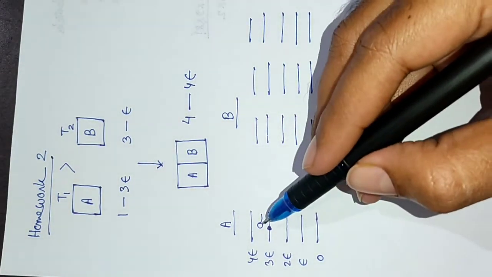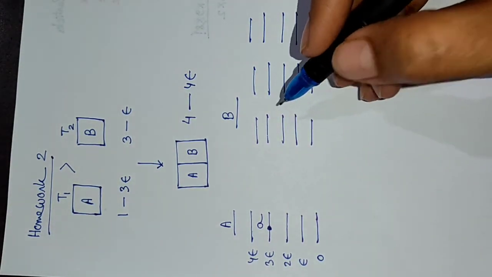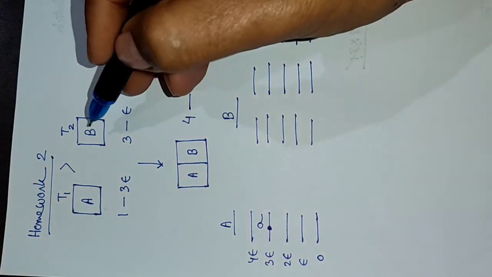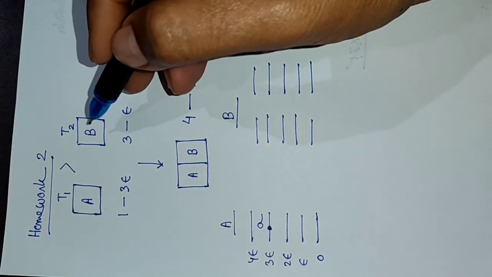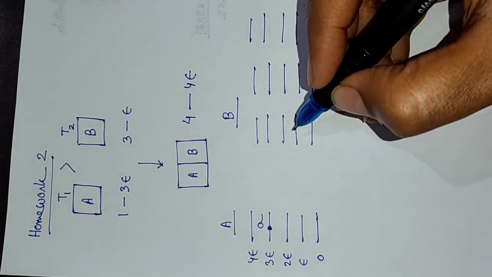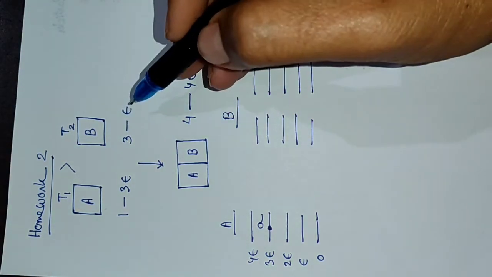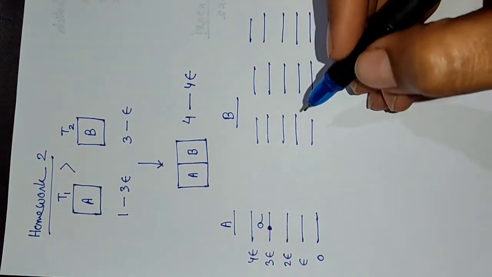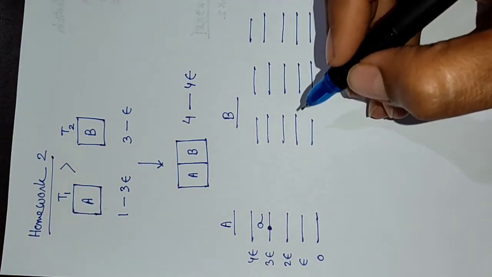Now here we have A. Let us name these 3 particles that is in system B to be B, C and D. Now these 3 particles are sharing energy epsilon in total. They are carrying 1 unit of energy.